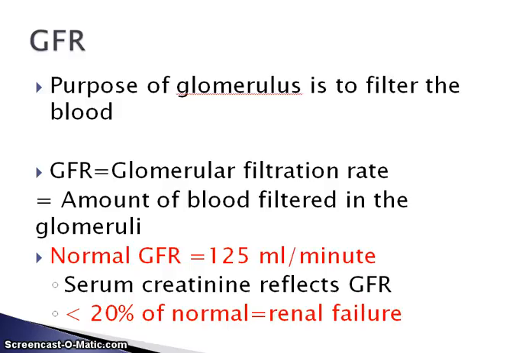We can usually measure a serum creatinine level in our blood more easily. This is directly related to how well the GFR is doing, so it can tell us indirectly how our kidney function is. If the GFR and serum creatinine are less than 20% of normal function, then the patient is in renal failure.